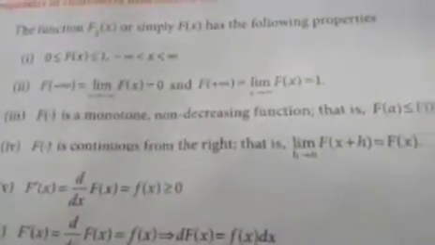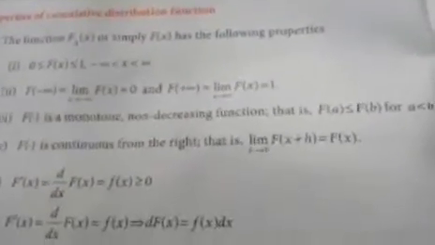And F of x is continuous from the right, that is, the limit as h tends to 0 of F of x plus h equals capital F of x. This function is continuous from the right, that is, from this side only.